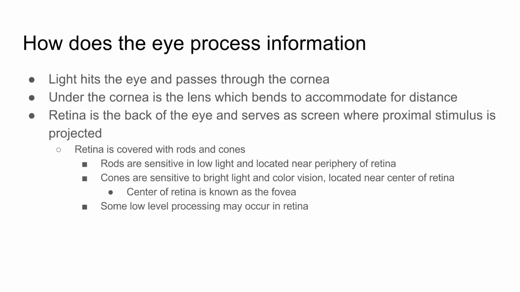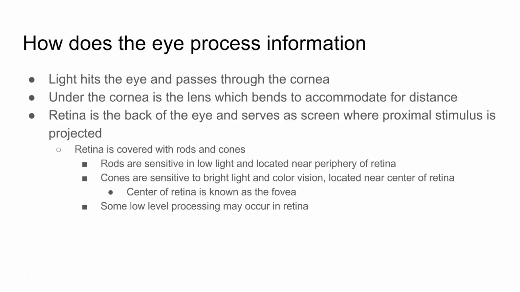So how does that all happen? How does the eye process information? It's a step-by-step process that we should make ourselves familiar with, so we can get a sense of if something goes haywire, why does it go haywire? Why do things go wrong? So first, light hits your eye and passes through the cornea, the outside edge of your eye. That's the first point where light makes contact with your eye.